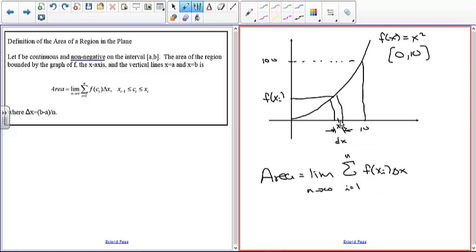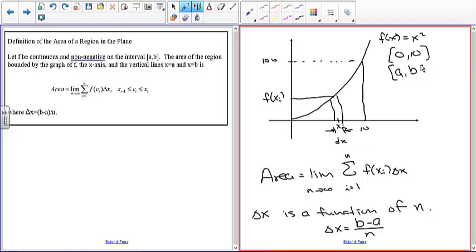Now, the width of the rectangle depends upon what n is. So delta x is a function of n. And the relationship is that delta x equals b minus a divided by n, where this is a and this is b. So all we're doing is saying if you take the total width that we're looking at and break it up into n parts, each width is going to be the total width divided by the number of parts.